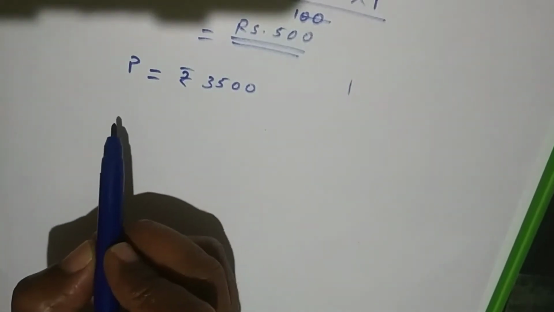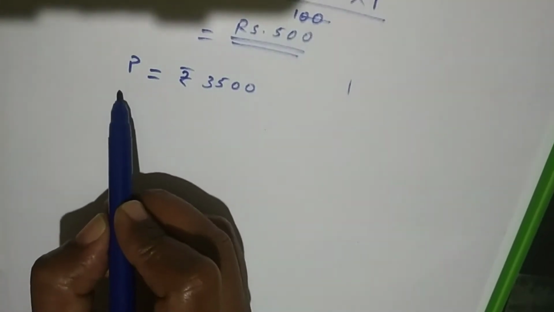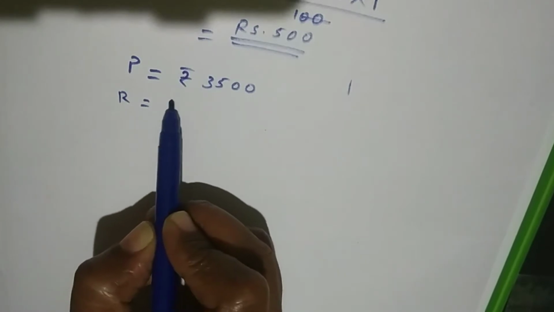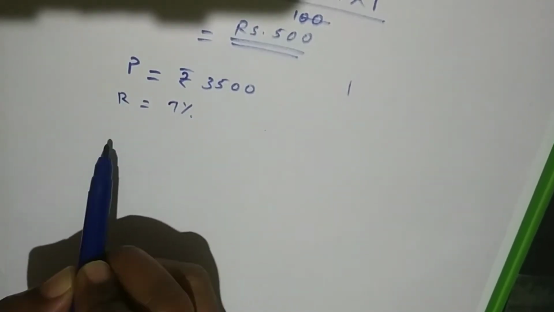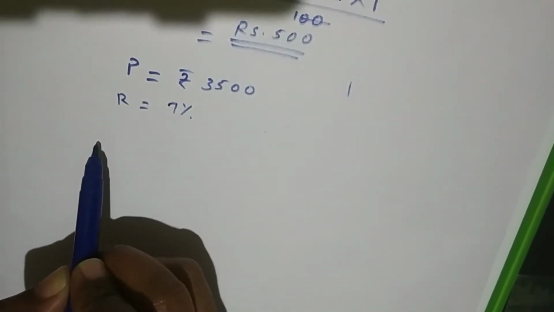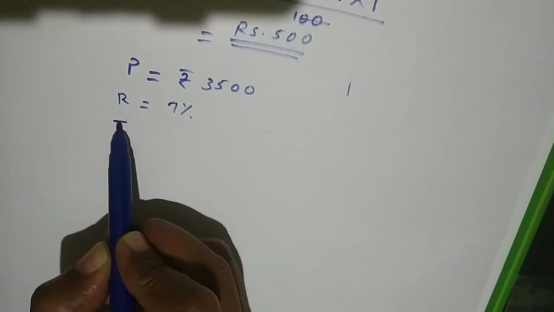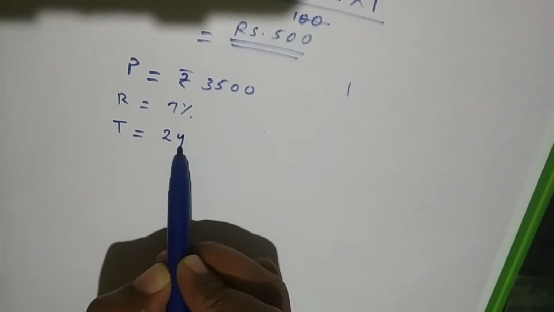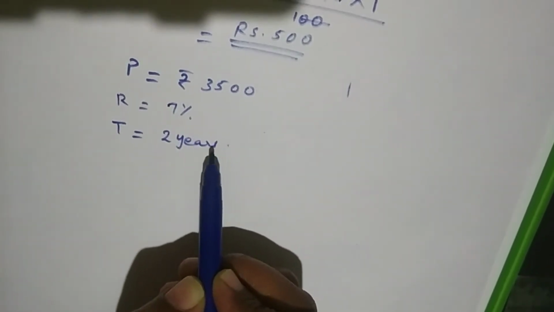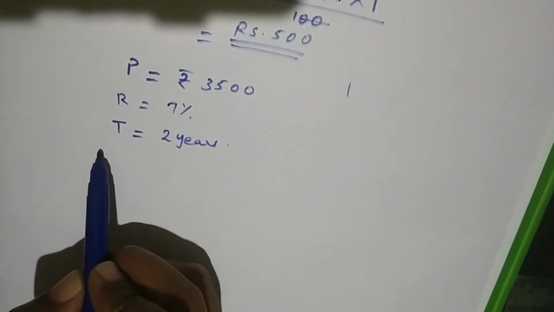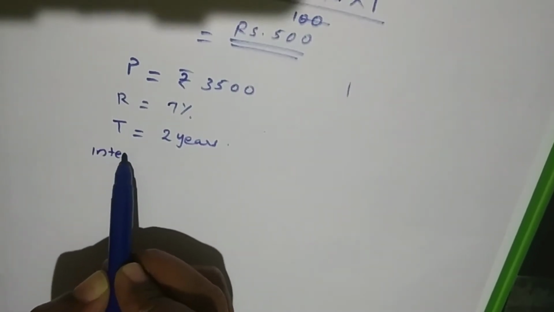Then rate is equal to 7%, and find the interest which will be received at the end of 2 years. So time is equal to 2 years. We have to find the interest I.